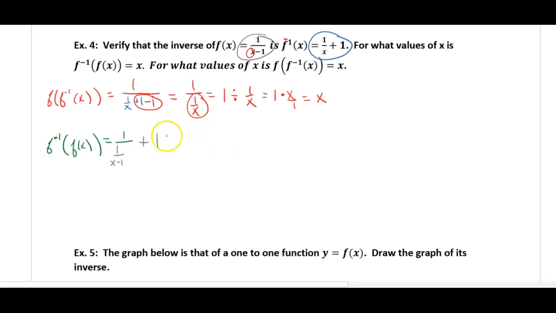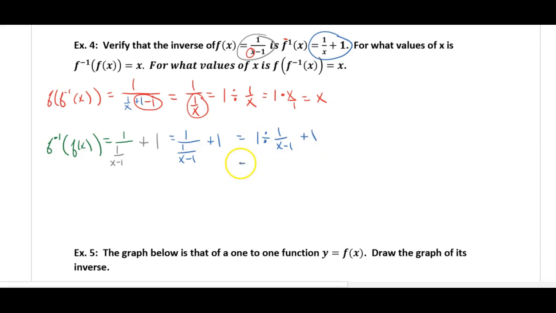So now, if I go to simplify this, the 1 over 1 over x minus 1, plus 1, we are going to rewrite that as 1 divided by 1 over x minus 1, plus 1.